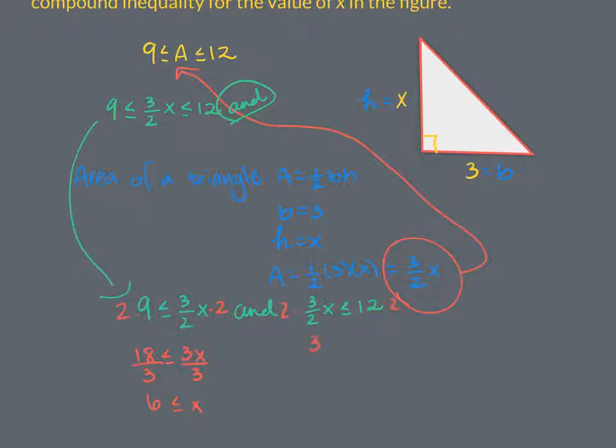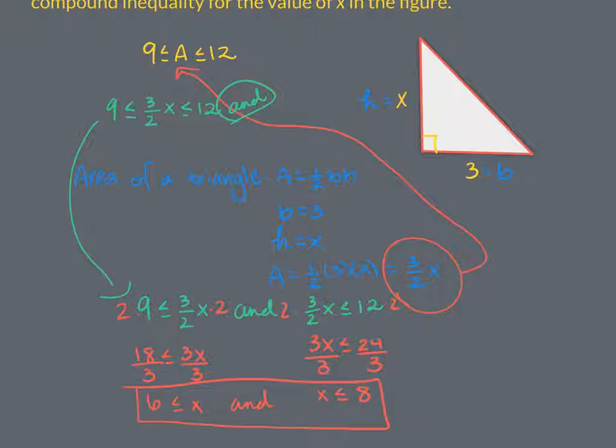So I get 3x is less than or equal to 24. I'm going to divide both sides by 3, so I get x less than or equal to 8. So there's my answer. I have the fact that my height has to be greater than or equal to 6 and less than or equal to 8.